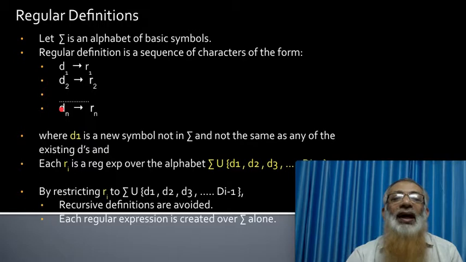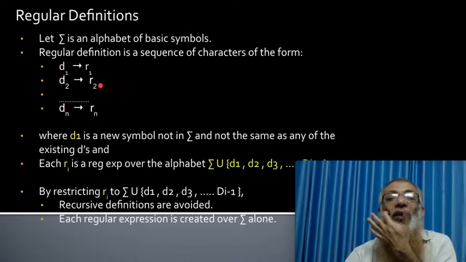Now, the thing is that D1 is not a member of our original alphabet, sigma. And all these Di's should be distinct. We are naming each regular expression, and each of these names is to be distinct.